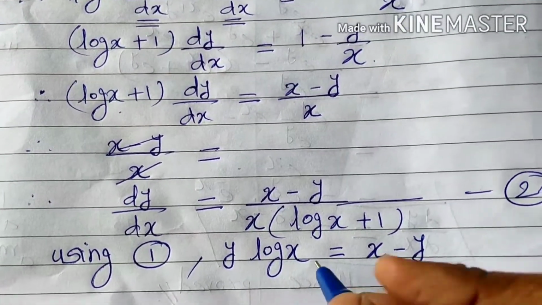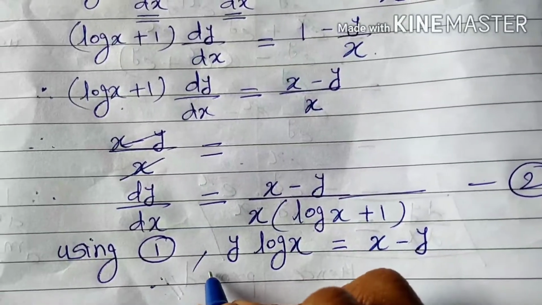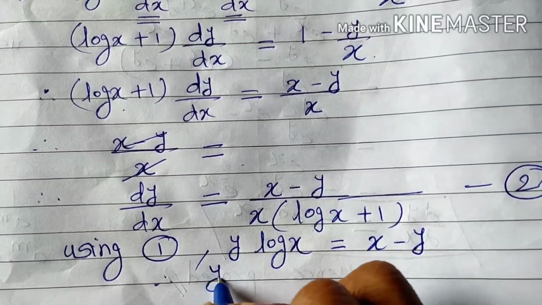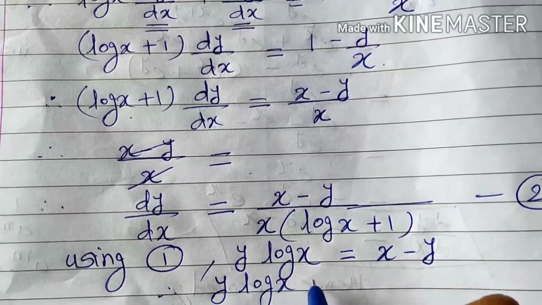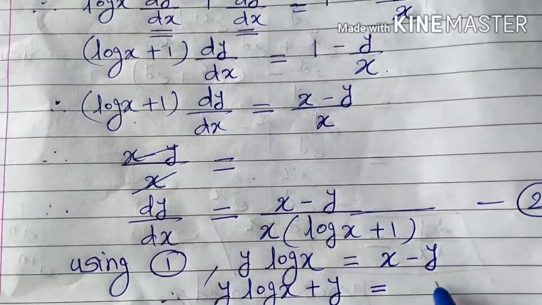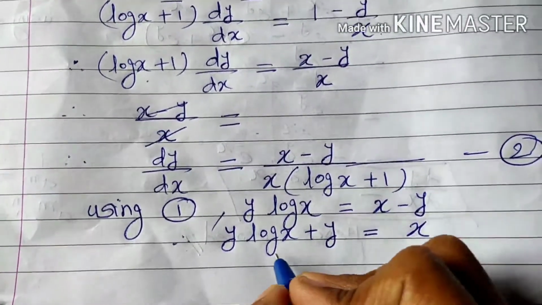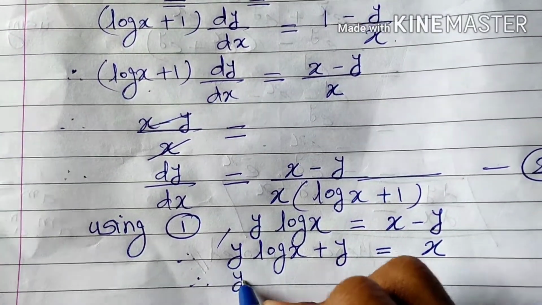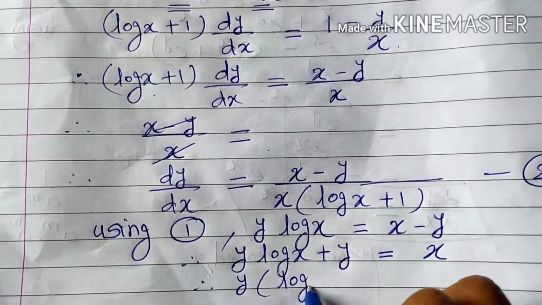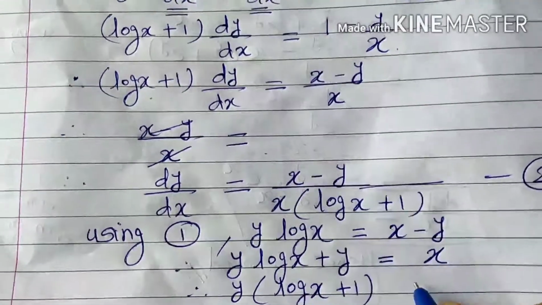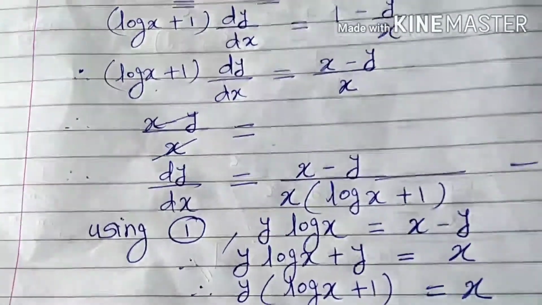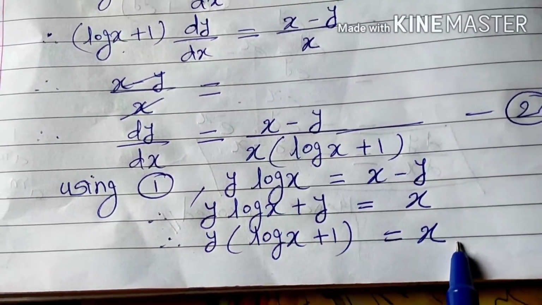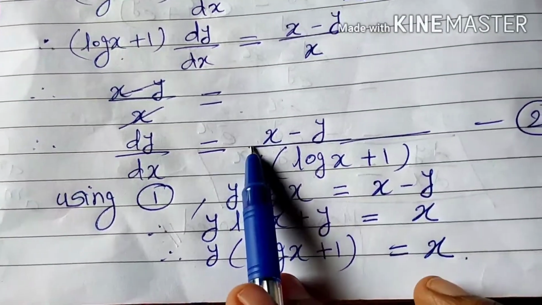So take y on this side, therefore y log x plus y is equal to x. Now take y common, therefore y log x plus 1 is equal to x. Now put this value of x into this equation 2.